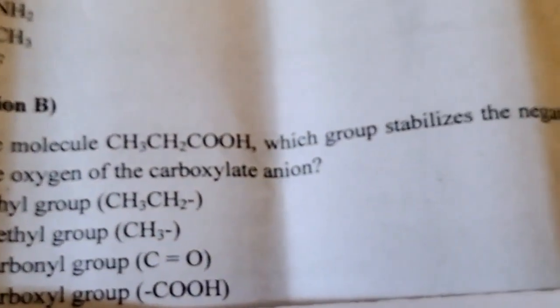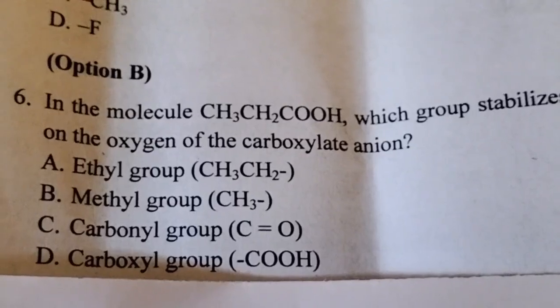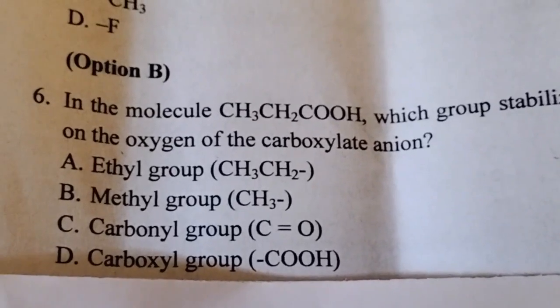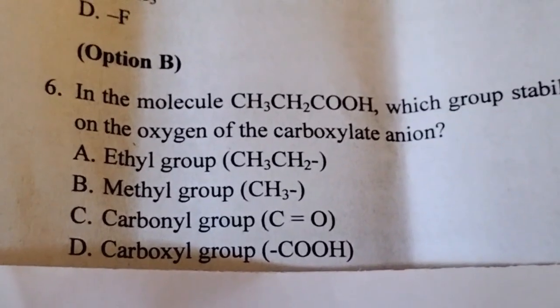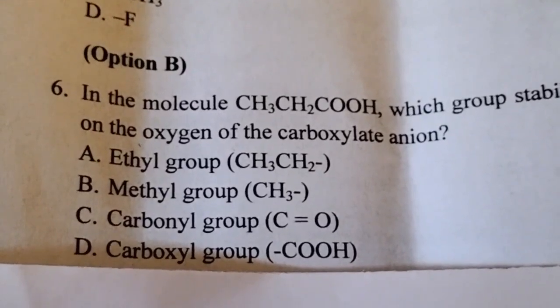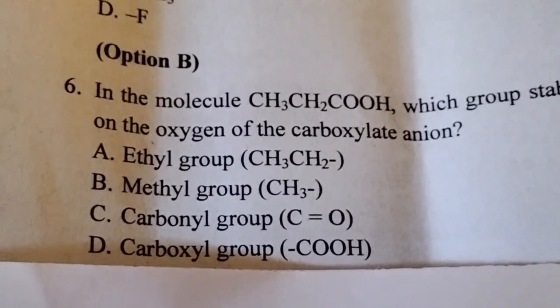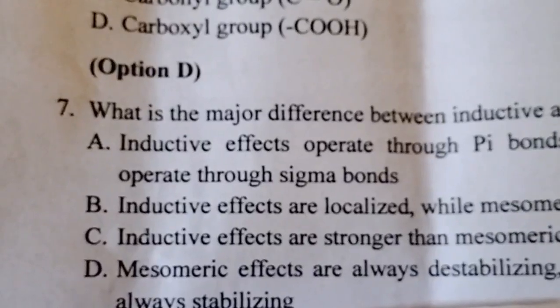The right answer is the carboxyl group, the functional group, because as we described in question number 2, the negative charge can shift from one oxygen atom to the other oxygen atom, thereby stabilizing the molecule.